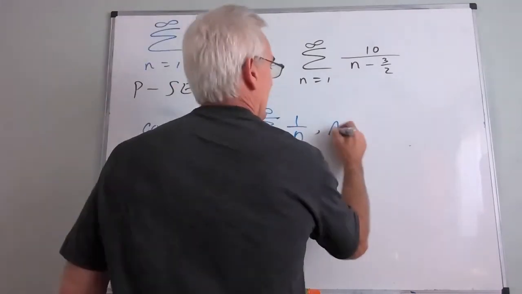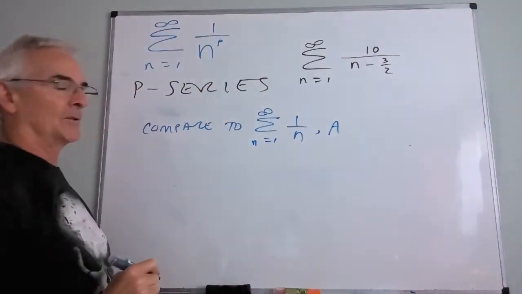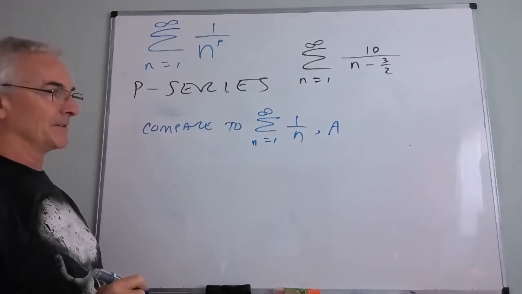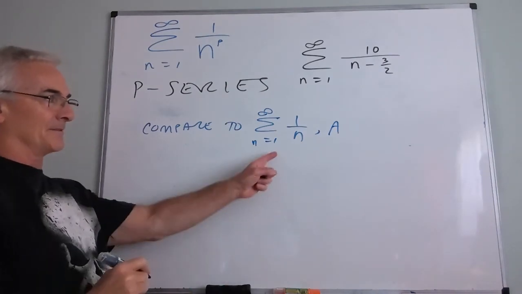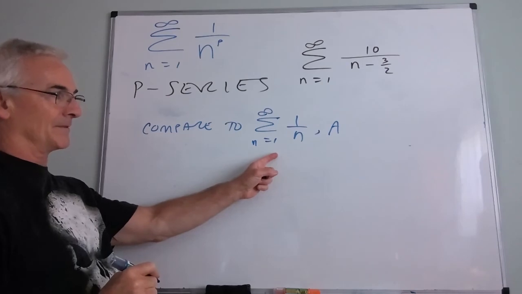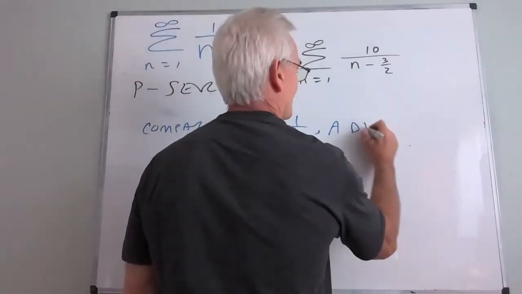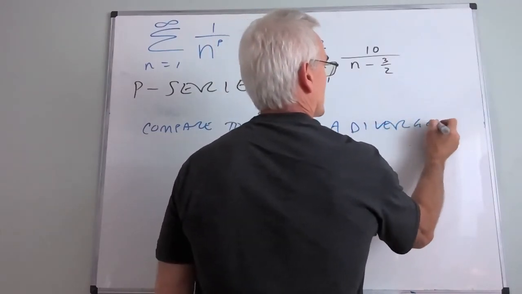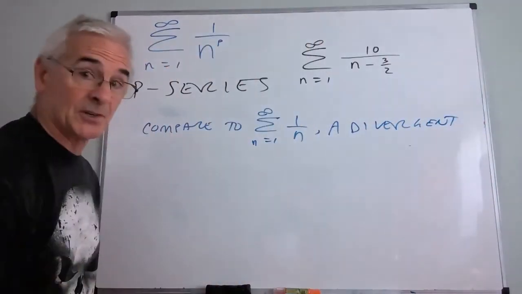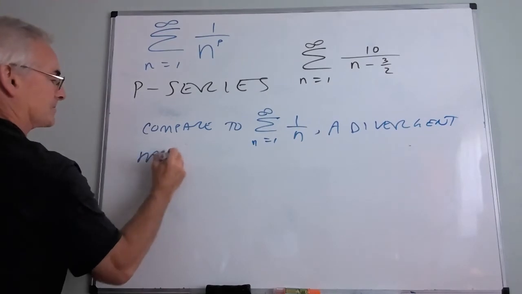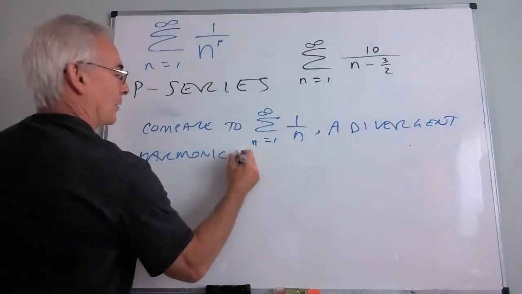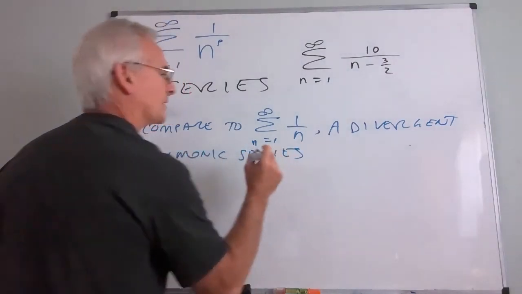Is 1/n convergent or divergent? It diverges. By the way, you could say P series or harmonic series. It actually is both. Now, why do I want to compare it to that?